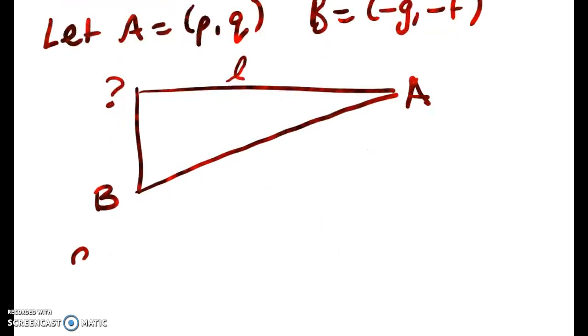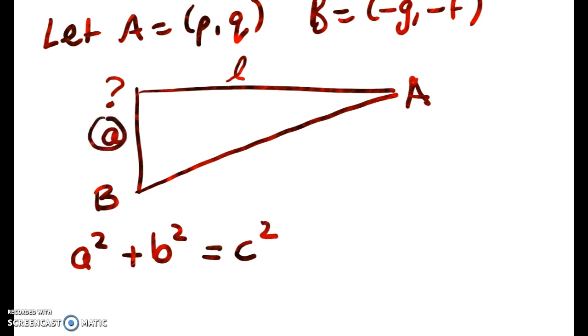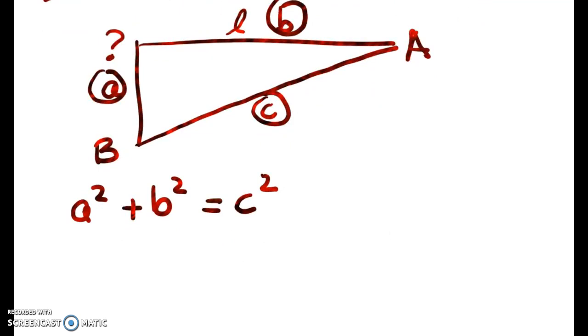Now, we can say by Pythagoras, A squared plus B squared is equal to C squared. This is A, this is B, and this is C. Now, A squared is just going to be my radius squared. So we can say R squared plus L squared, the thing that I'm after, is equal to C squared.